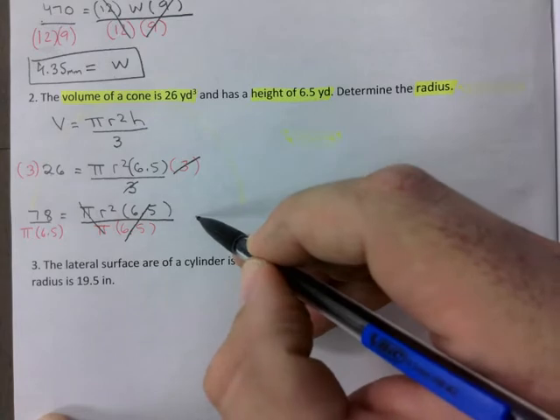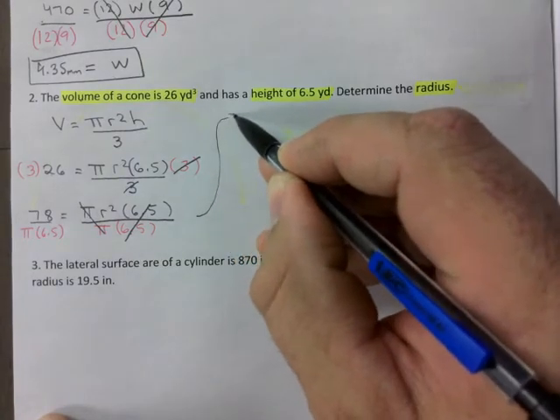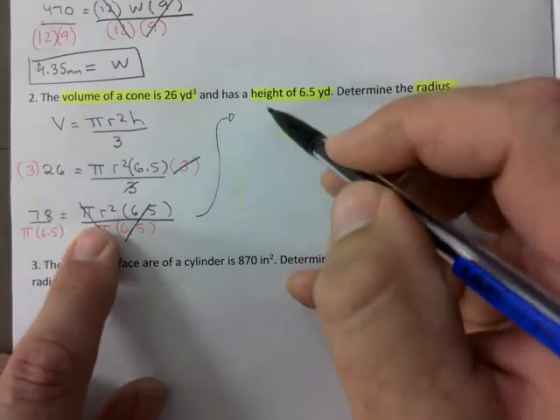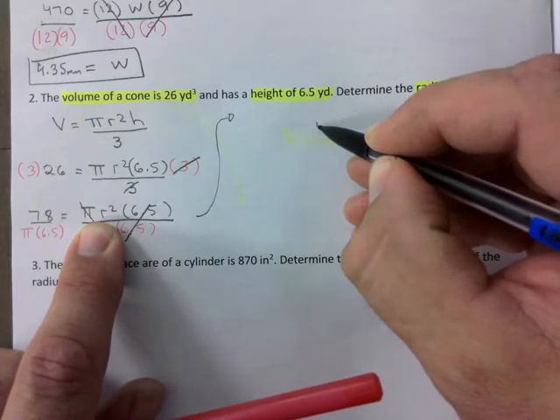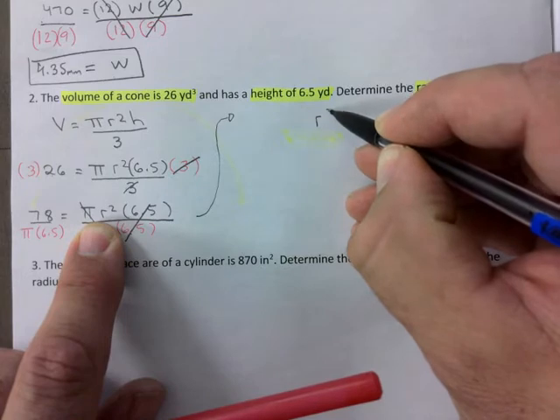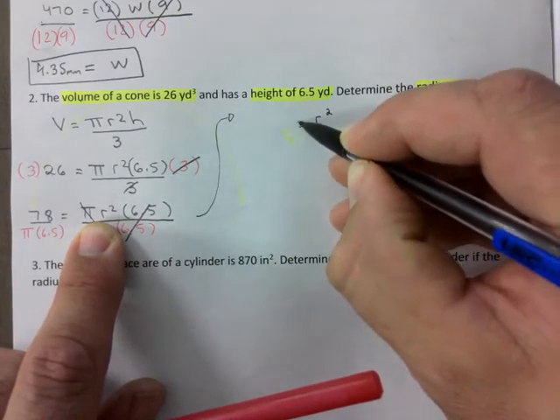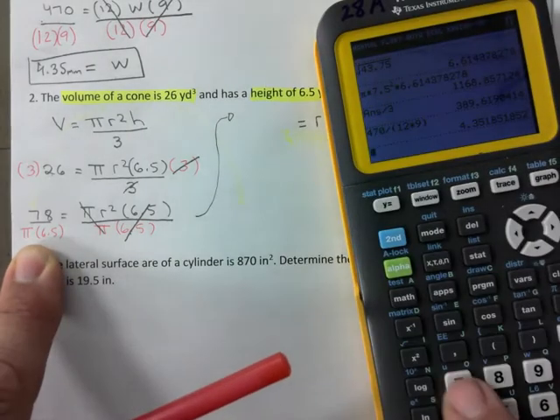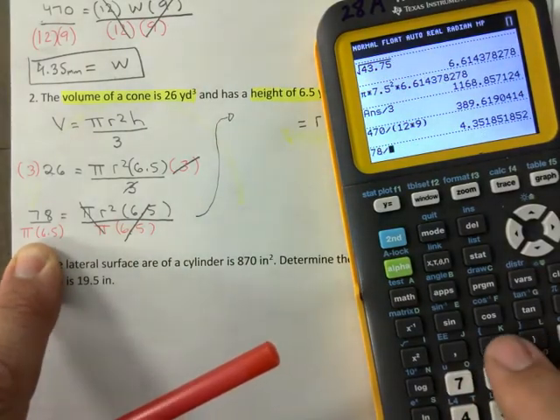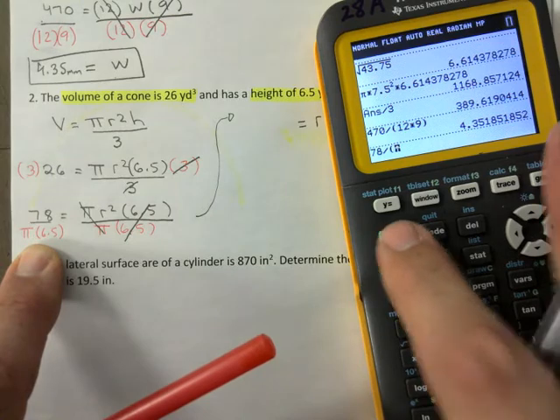Watch this. I'm going to continue my work up here. So I like to kind of just show where my train is going. So I'm left with what on the right side? Radius squared. Okay. And on the left side, well, that's just a matter of using my calculator. Okay, so 78 divided by, careful, brackets, right?